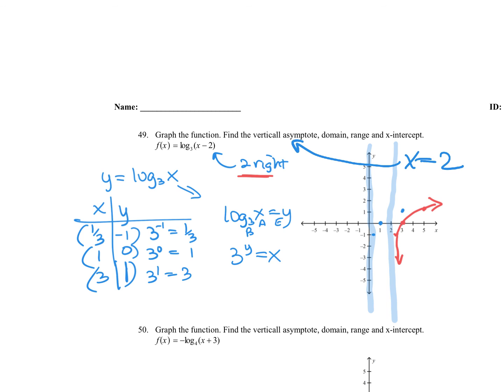The domain here is only from the 2 to infinity. It's where the asymptote starts. So the domain, 2 to infinity. The range on the logs is always all real numbers. And then the x-intercept, we can clearly see it from the graph. We can see that it's the ordered pair 3, 0.